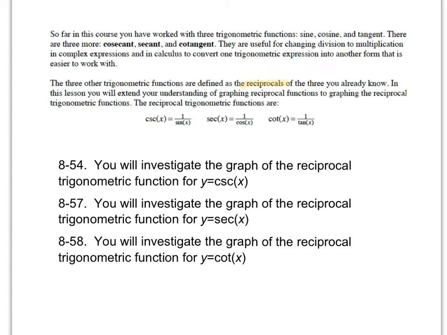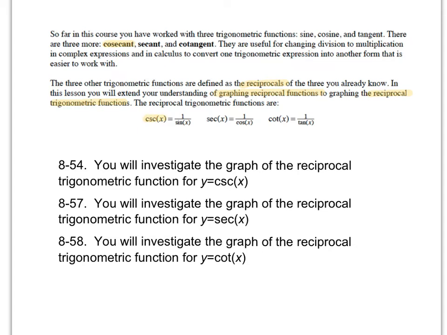In this lesson, you'll extend your understanding of graphing reciprocal functions to graphing the reciprocal trigonometric functions. Now, we didn't spend much time, if any, graphing reciprocal functions this year, but we're going to still try to talk a little bit about that so that we can use those skills to graph the reciprocal trig functions. So what we have is cosecant.